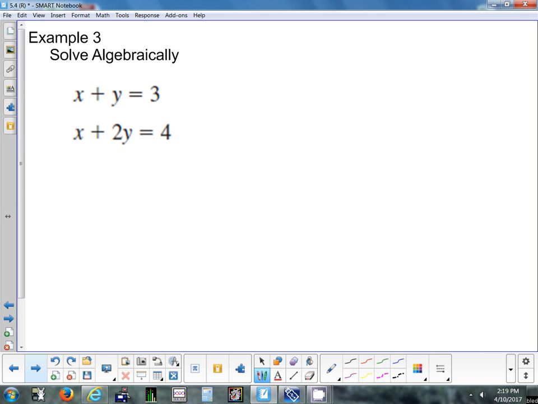How would the equation be set up if we're going to solve it with elimination? We talked about this in the warm-up too. How's your setup? X plus Y and a number. There you go. So x and y on the same side equals a number.